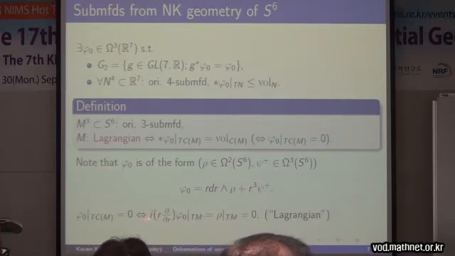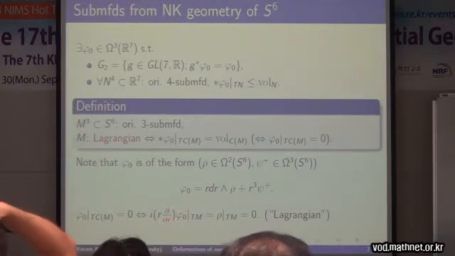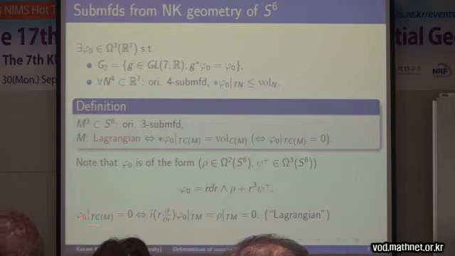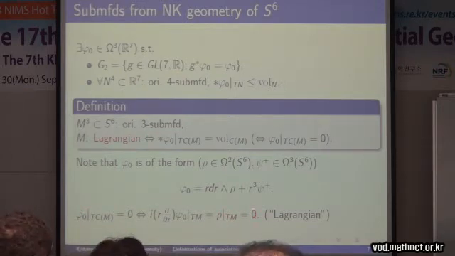Here i is the interior product, and r del del r is the position vector in R7. By considering this form, this condition is equivalent to rho restricted to TM equal to 0. So rho is a 2-form, and the restriction of the 2-form vanishes, so M is called Lagrangian.